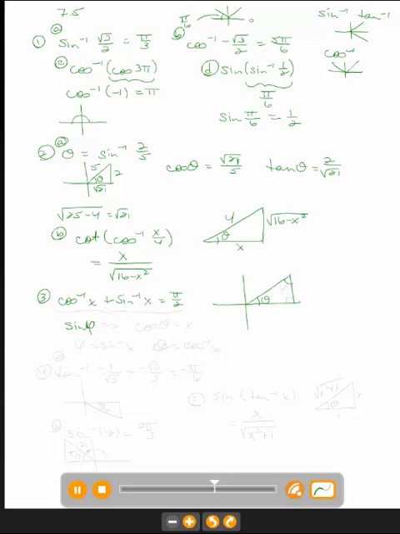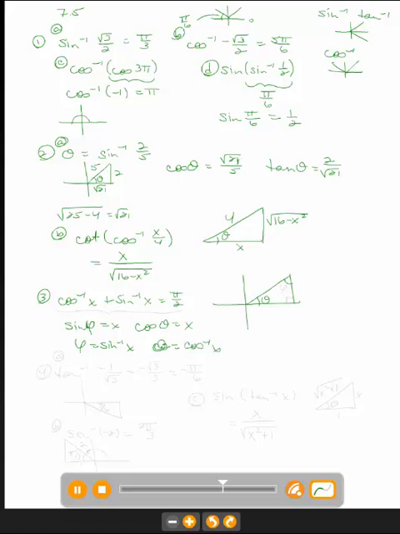We'll call this guy sine, this is x, and I'm trying to make it match the book so it makes more sense to our brain. And we'll call this one theta. Because that way this guy is equal to the arc sine of x, and theta is equal to the arc cosine of x.